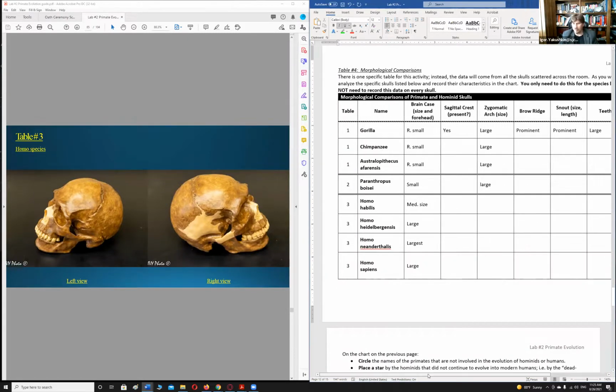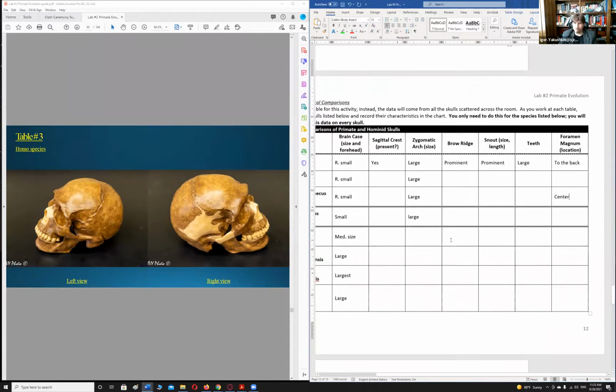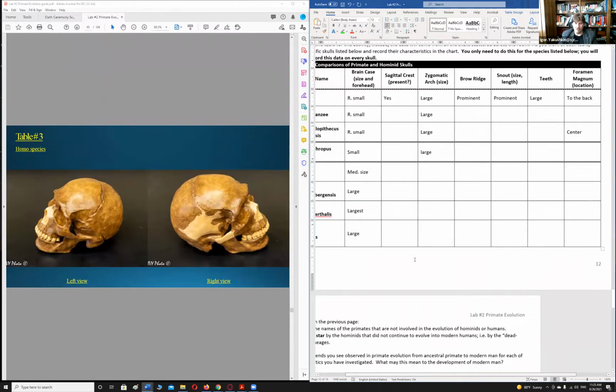Everybody else would most likely be a biped, so it would be center of the skull. Make sense? So any questions, any problems on that? So all you need to do is finish that one.